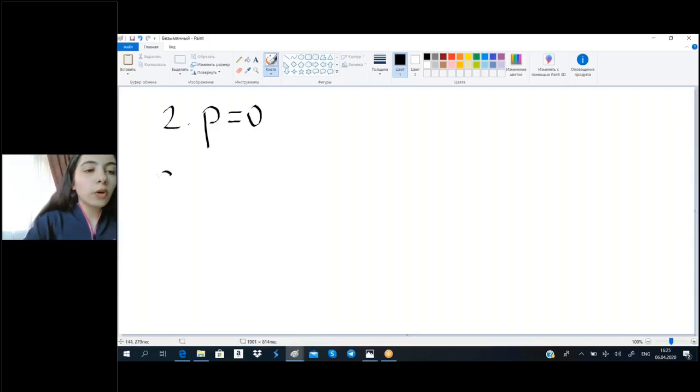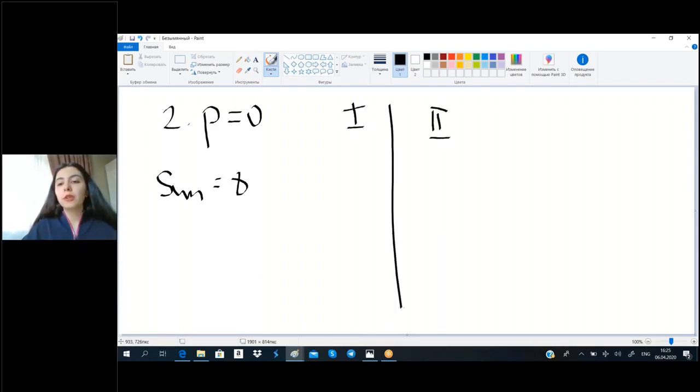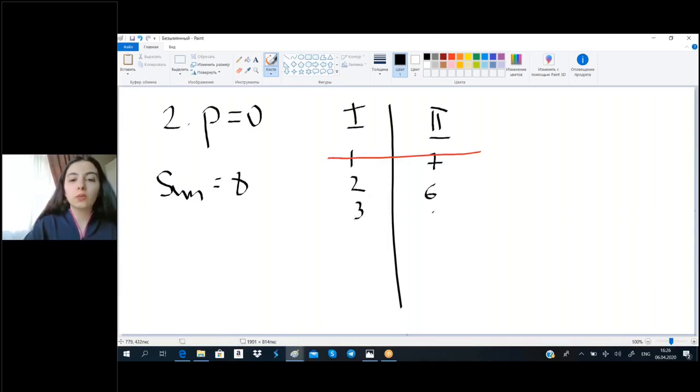Now we want to find sum 8. For this, choose first and second side. If first side is 1, the second one must be 7, but it's impossible. Why? Because there is no side 7 on a die. If first one is 2, then second one must be 6. If first one is 3, second one is 5.